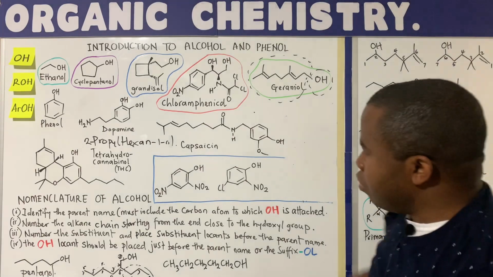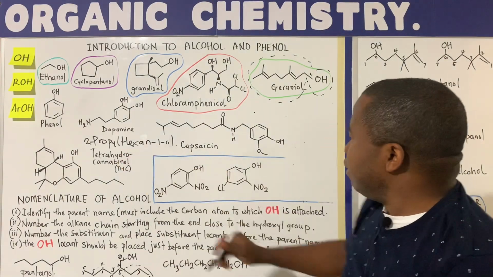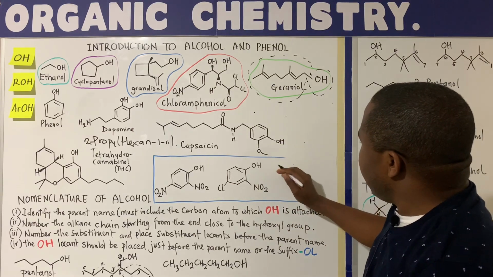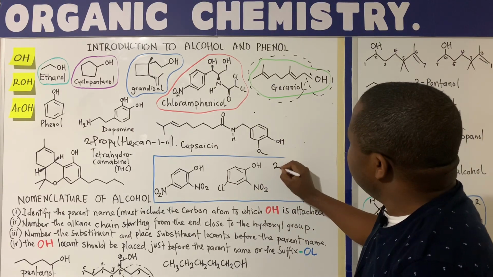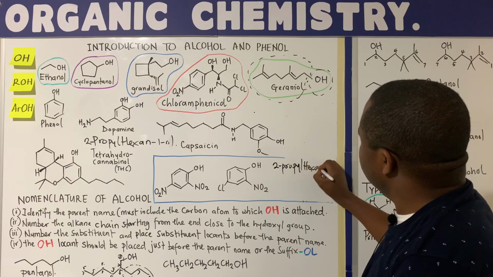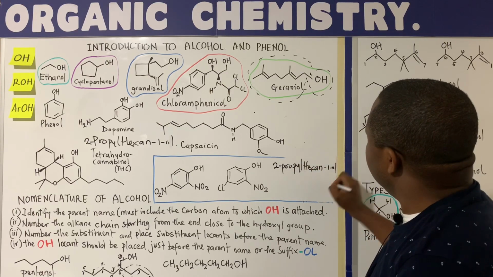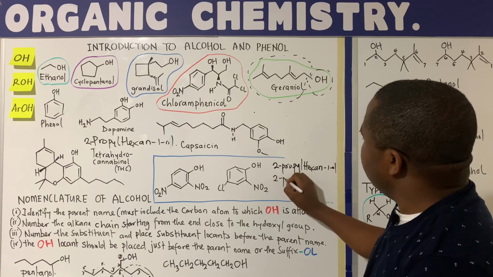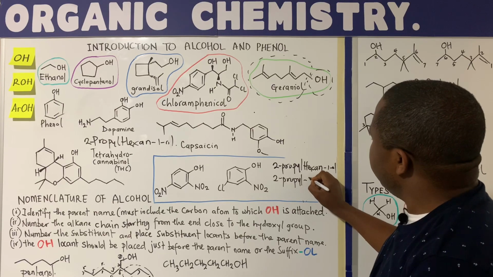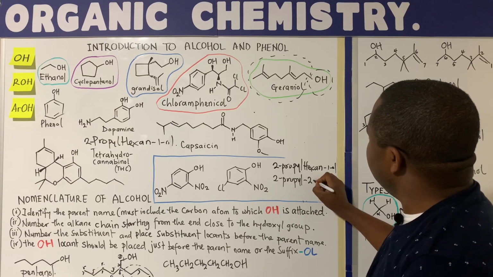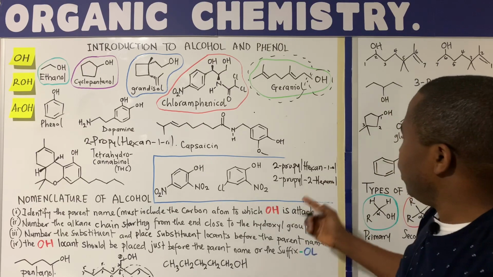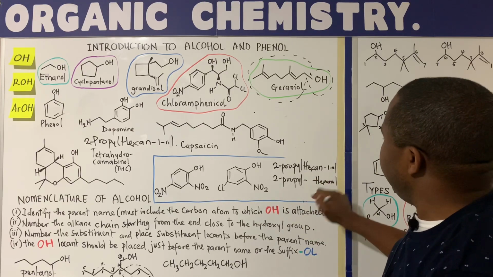For this compound that we named 2-propyl hexane 1-ol, we can also write it as 2-propyl 1-hexanol.